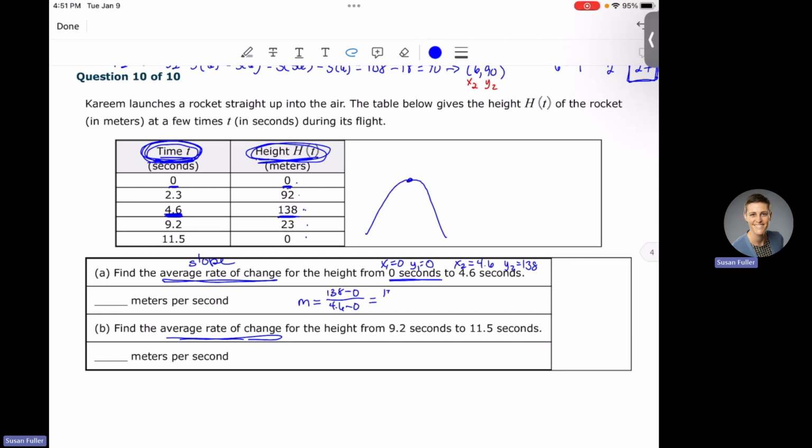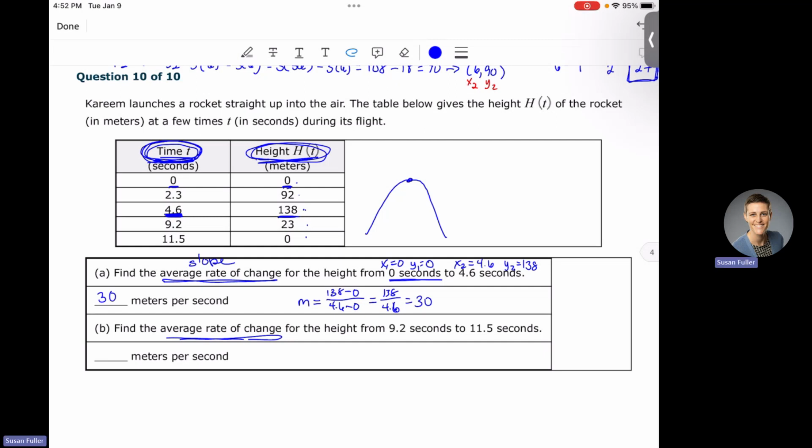We'll do our subtraction here, and we'll get 138 divided by 4.6. In order to figure out what that is, I'm going to have to put that in a calculator. My brain is not going to do that all by itself right now. I get 30. So that means the average rate of change is going to be 30 meters per second.